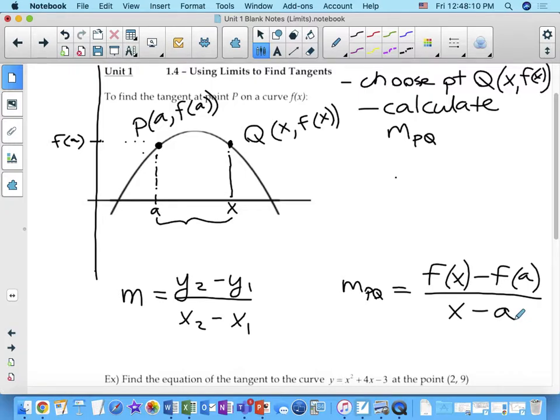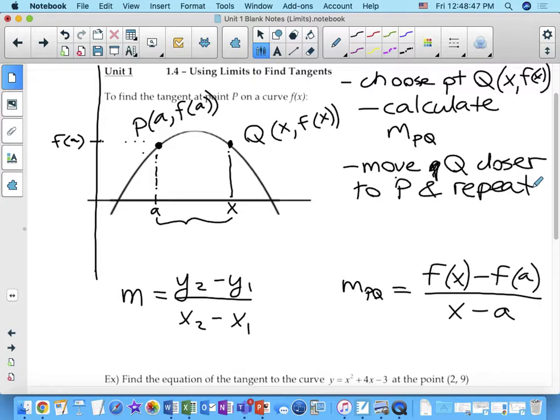So we chose that point Q, and we calculated the slope. And then what did we do? Did we just do it once? No, what did we do with the point? Yep, we moved Q closer to P. So move Q, capital Q, closer to P, and repeat.